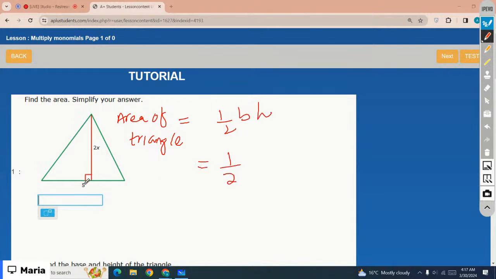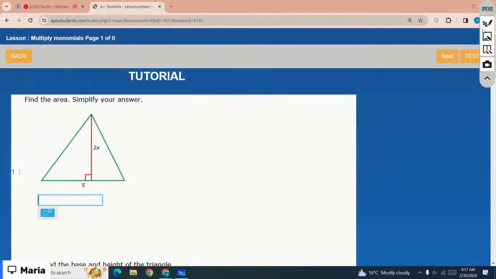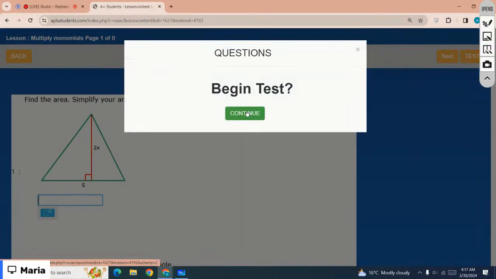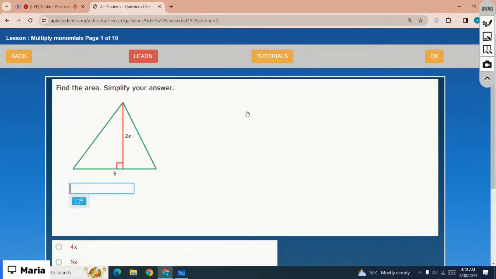So half, base is 5, height is 2x, right? So the area of the triangle is 5x. That's how you multiply the monomials. Got it? Let's just start with the test questions. That's the one we just did, which is the correct option. Find the area, simplify your answer.